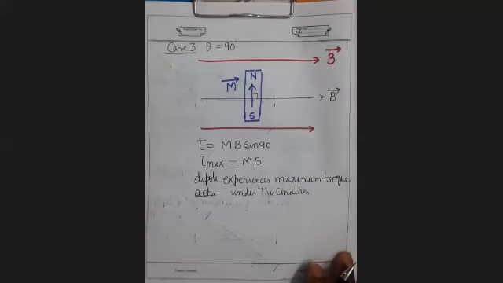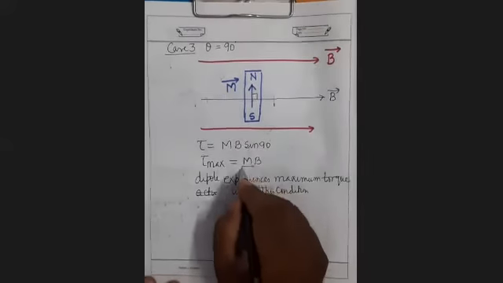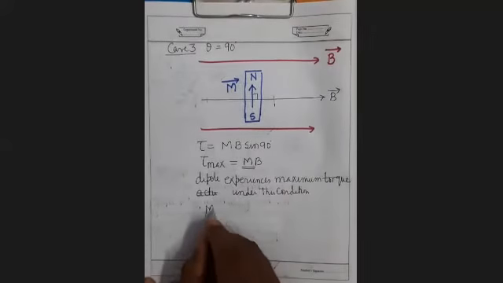Now, from here, we can deduce the definition of magnetic moment M. What is magnetic moment?